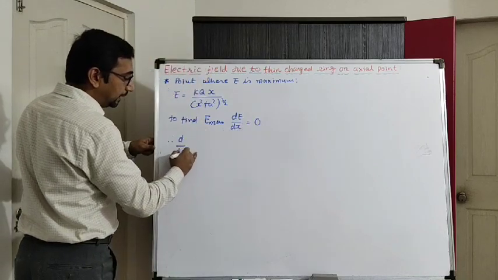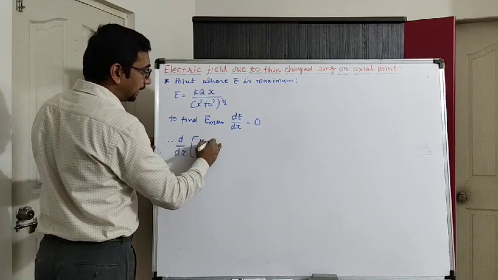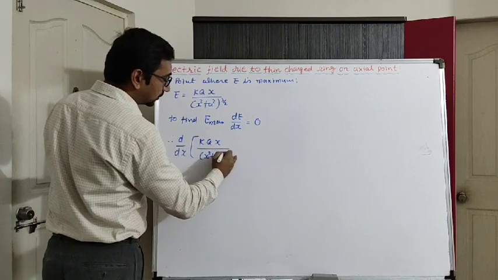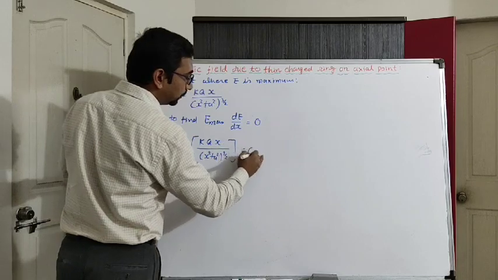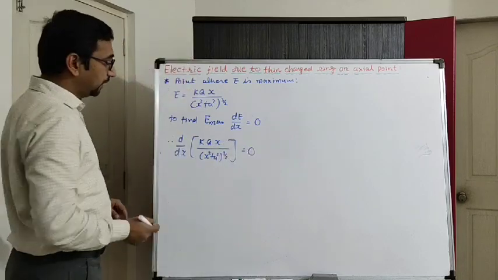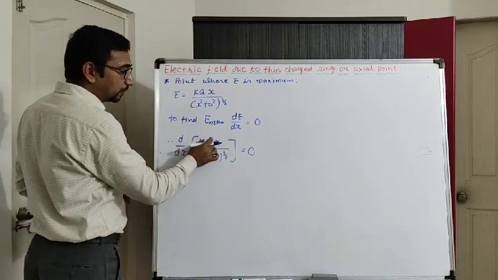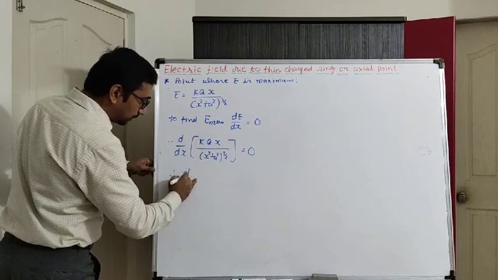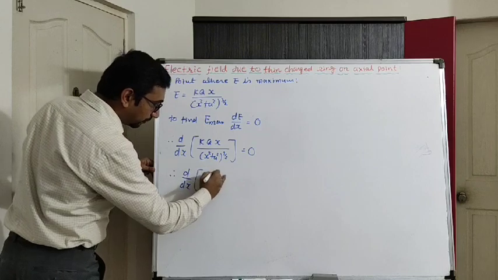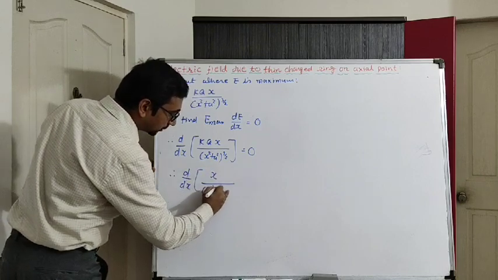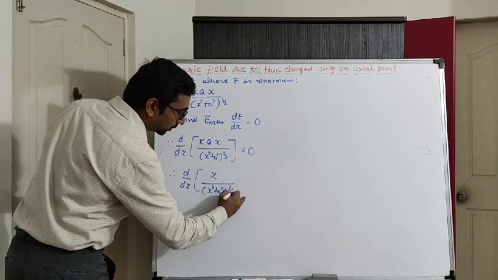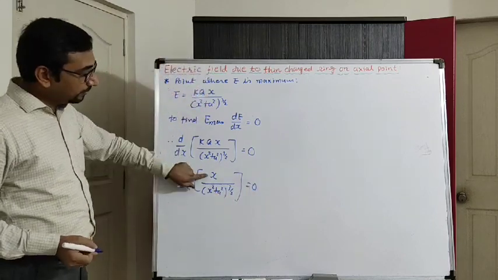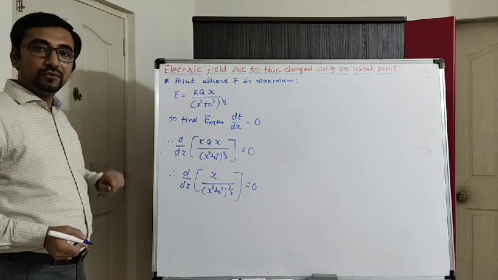That means d/dx of kqx upon (x square plus a square) raised to 3 by 2 should be equal to 0. If we differentiate it, k and q are constant, so we are not considering them. So d/dx of x upon (x square plus a square) raised to 3 by 2 should be equal to 0. So here we have to apply the division law of differentiation.